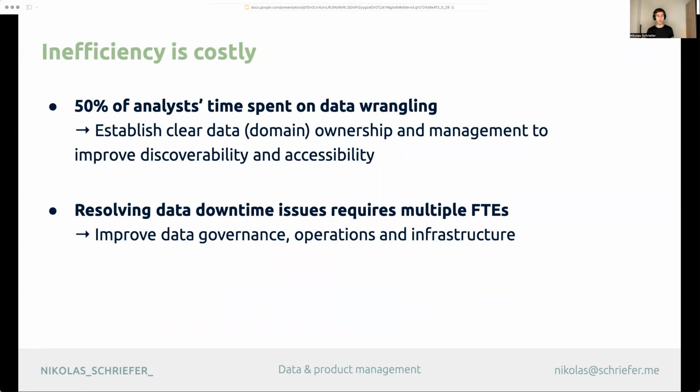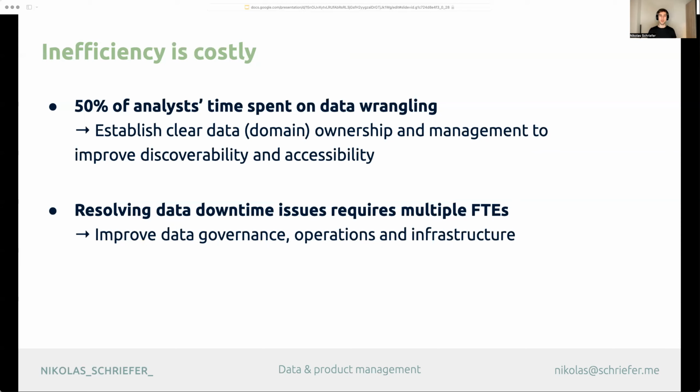The second point that we made is, besides risk of failure, we were able to observe a lot of inefficiencies, which are costly for the business. A large percentage of the data analyst's time was spent on just finding and processing data for various stakeholders. And similarly, data engineers had to make sure to keep data downtime in check and attend to a growing number of incidents because of the infrastructure that was quite stressed.